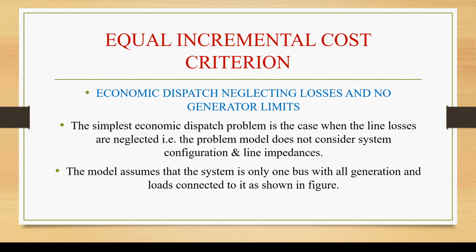In that we have two cases, that is considering the generator limits and not considering the generator limits. The simplest economic dispatch problem is the case when the line losses are neglected. That is, the problem model does not consider system configuration and line impedances.